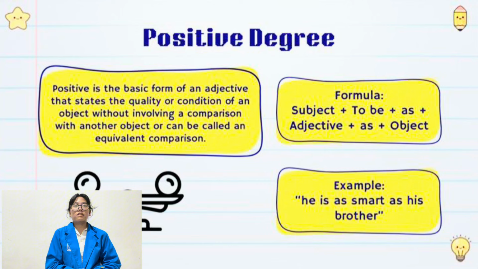For example, he is as smart as his brother. This means that both people have the same level of intelligence. Other example, she is as beautiful as her mother. This book is as interesting as the book. Positive degree is used when two things are equal.